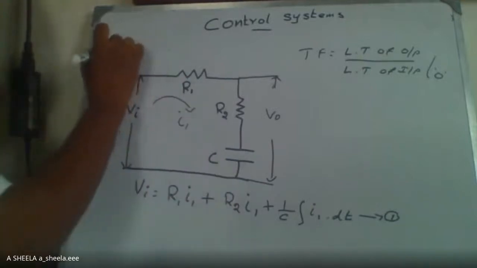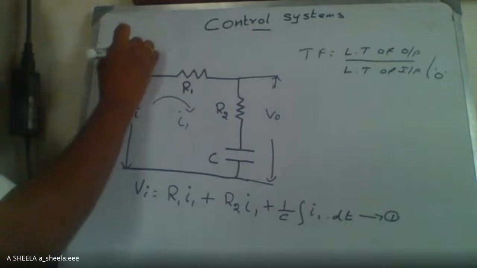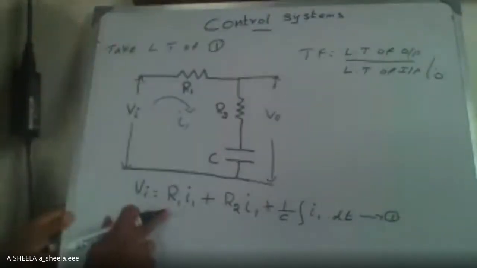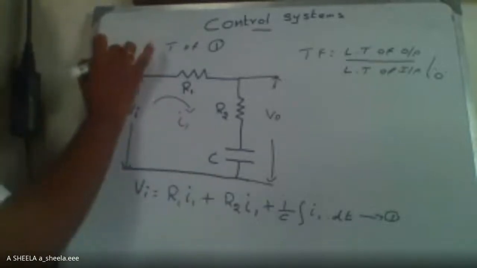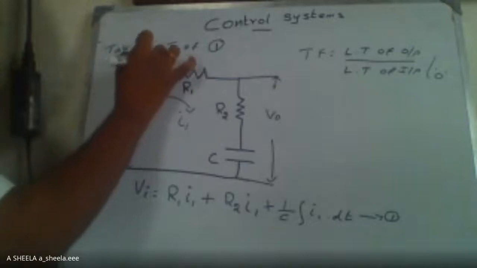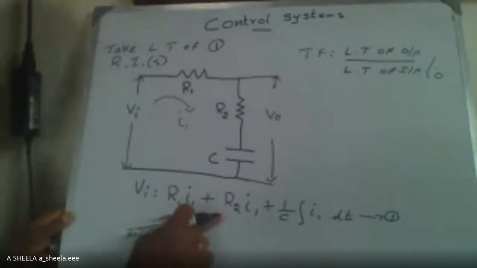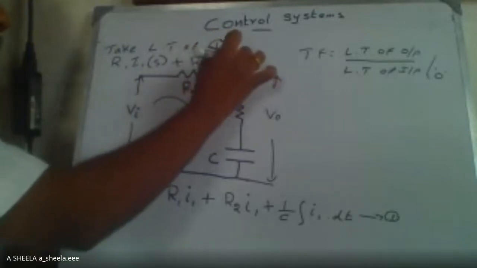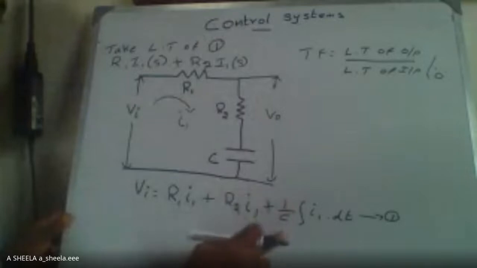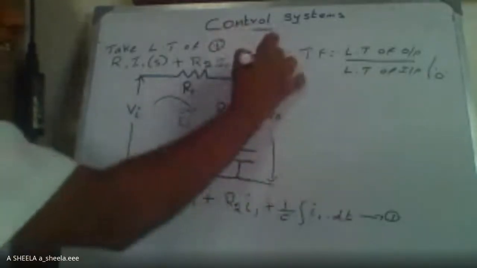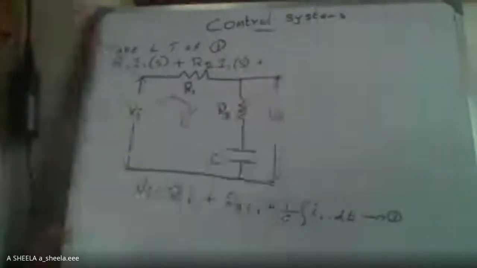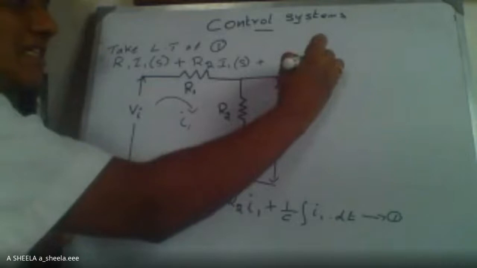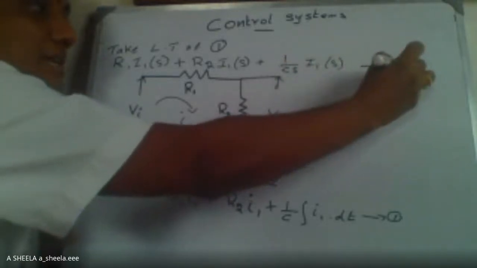Taking the Laplace transform of the first equation: R1 into I1 becomes R1 I1 of S. The second term, R2 into I1, becomes plus R2 I1 of S. The third term is 1 by C integral of I1 dt; 1 by C is written as it is, and since it is an integral term, it becomes 1 by Cs I1 of S. Number this equation as 2.